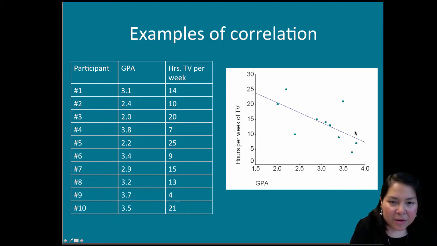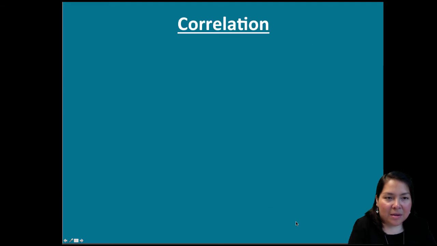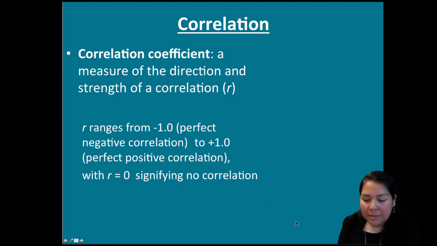When we look at this correlation, as the number of hours we watch TV increases, what we see is that our GPA decreases. So again, this is an example of a strong negative correlation. We also have an R, which is our correlation coefficient, at a negative 0.63, and we will talk about this in the next slide.